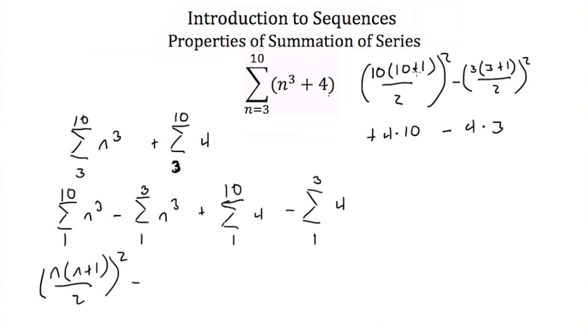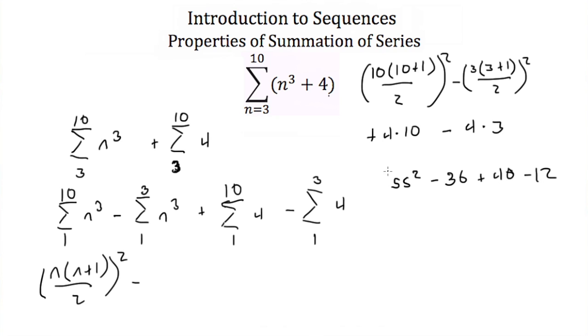Now 10 plus 1 is 11, times 10 is 110, divided by 2 is 55. So we would have 55 squared minus, now 3 plus 1 is 4, times 3 is 12, divided by 2 is 6, squared, this is 36. 4 times 10 is plus 40, and 4 times 3 is minus 12.